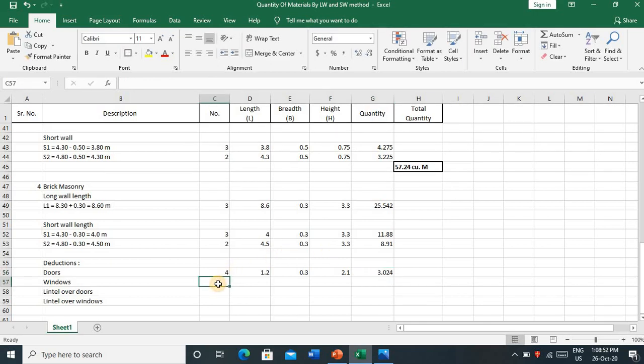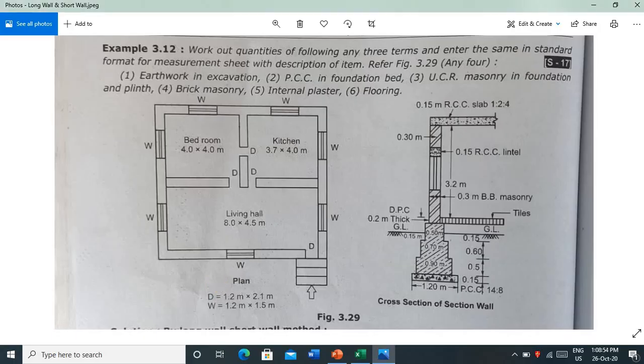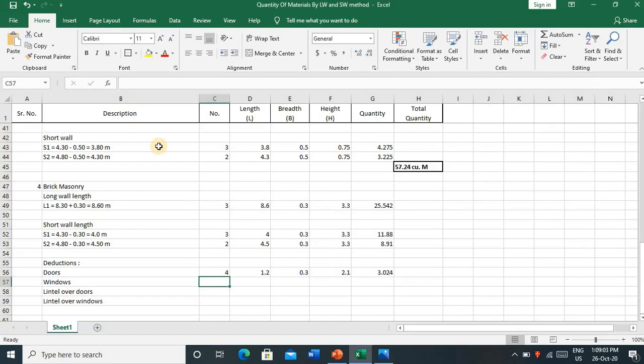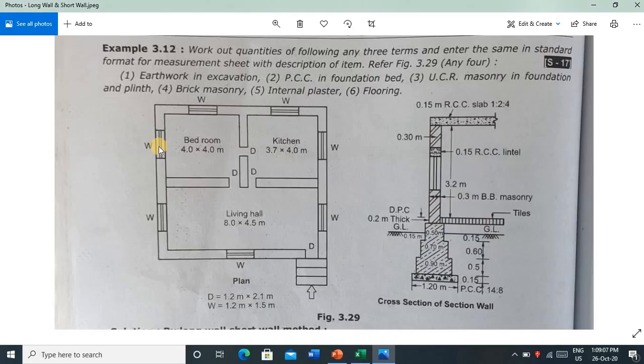Now windows, number of windows 1, 2, 3, 4, 5, 6 and 7. 7 windows. Length is given as 1.2 multiplied by 1.5. Length is 1.2, height is 1.5.